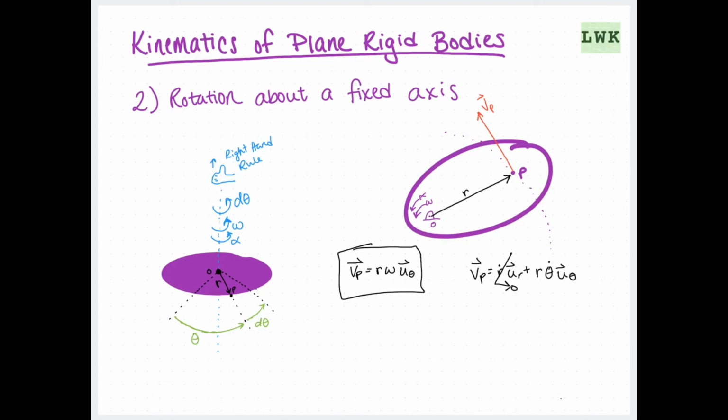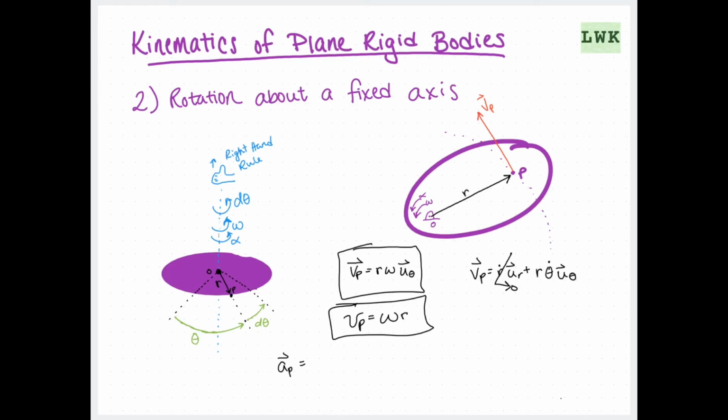Here is our VP expression, and the magnitude VP we're going to write as omega times R.